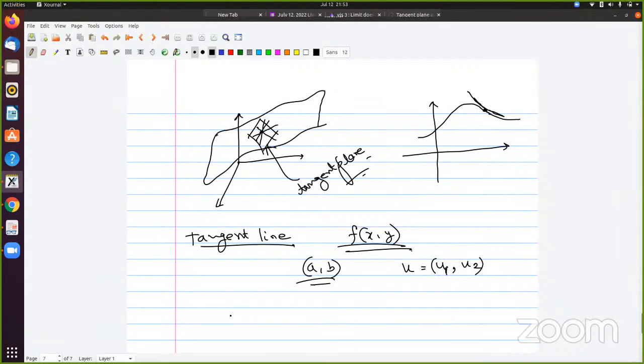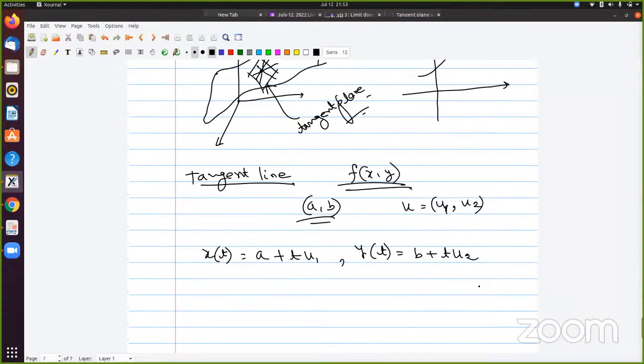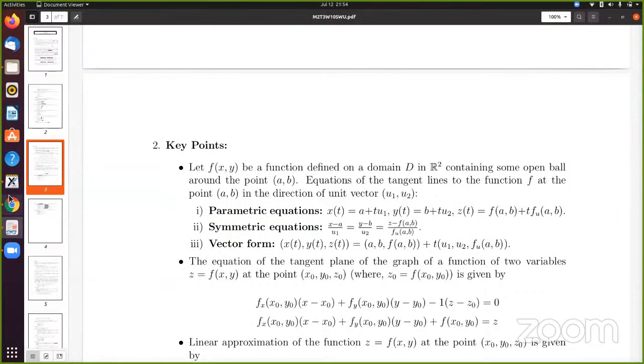Okay. So the equation of a straight line in 3 dimensions, we are writing it as x(t) = a + t u1, y(t) = b + t u2, and z(t) as f(a,b) plus t times the directional derivative of f at (a,b) along u.